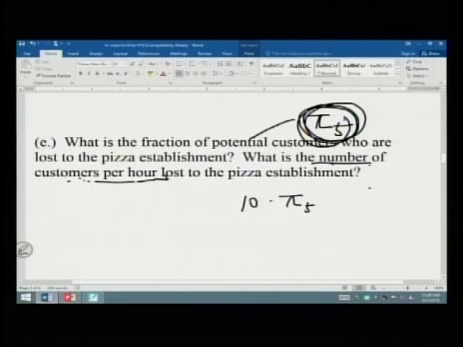Does that make sense? Okay. Actually, this is 10 per hour. So your answer should be some value per hour. Does that make sense? Okay.